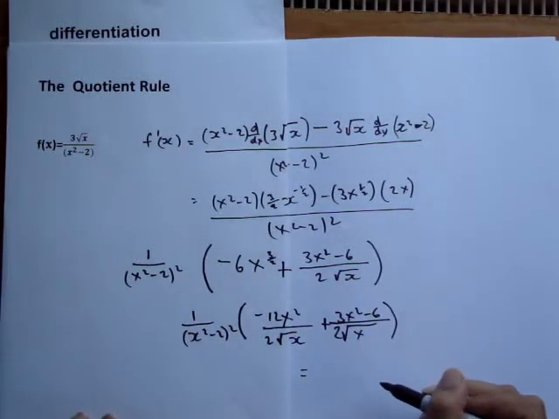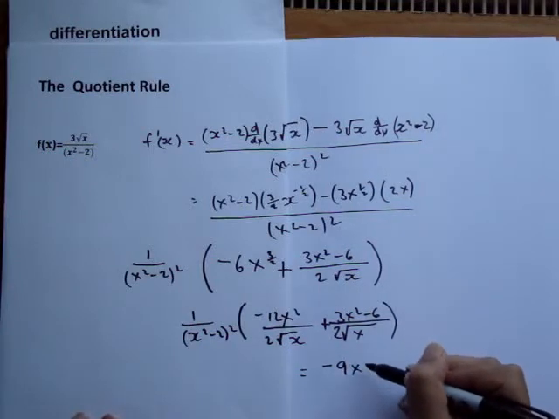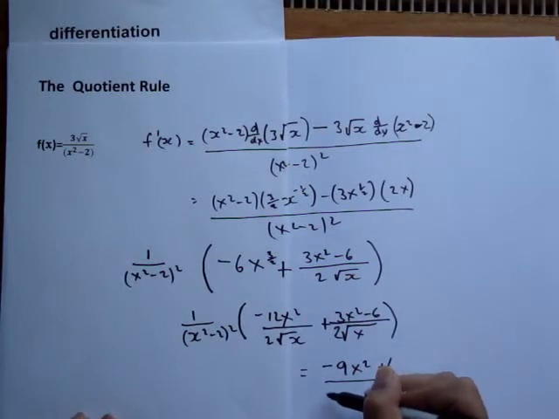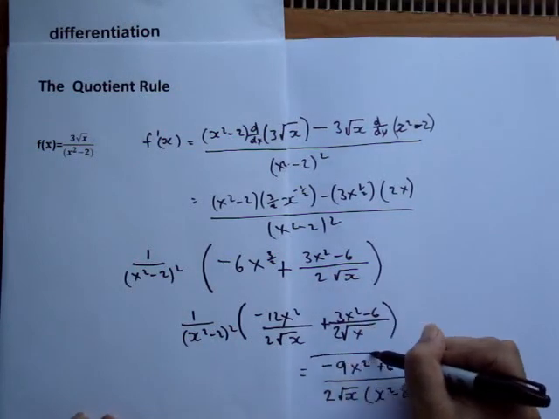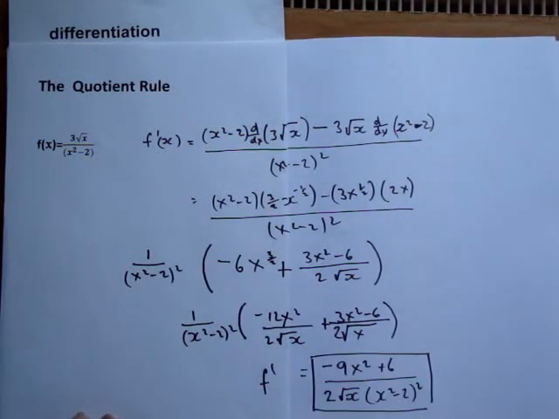And then when we work that out, we get minus 9x squared plus 6 over 2 root x, x squared minus 2 whole squared. And that is your answer.